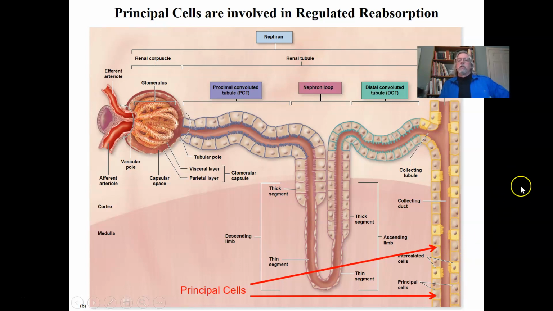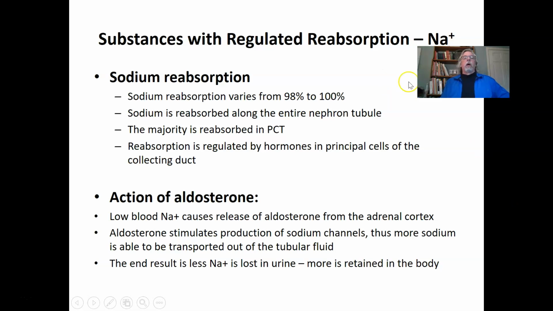All right, first of all, the example of sodium reabsorption. How is that regulated by the hormone aldosterone? All right, so sodium reabsorption, sodium passes into the filtrate in the glomerular capsule, starts its travel down the nephron renal tubule.